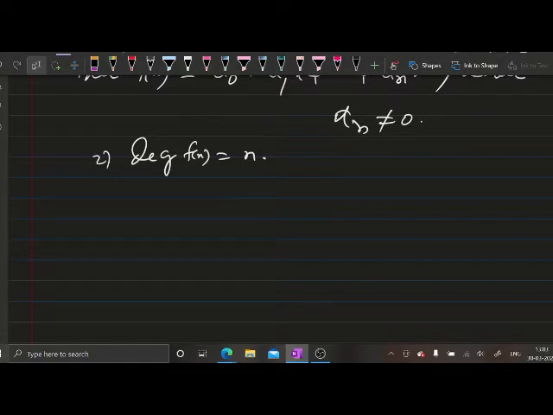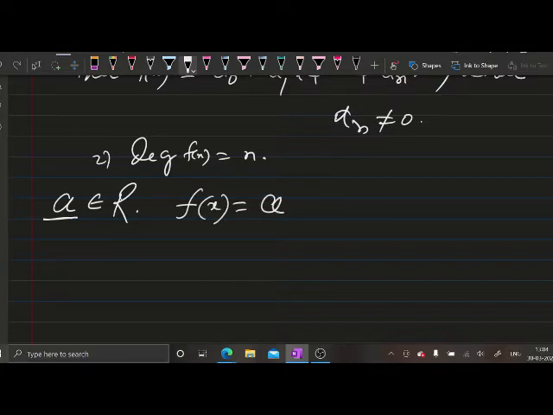Now suppose you take any element A from the ring R. Then f(x) equal to A, simply A, that is, in terms of formal sum, it is A plus 0x plus 0x square and so on.